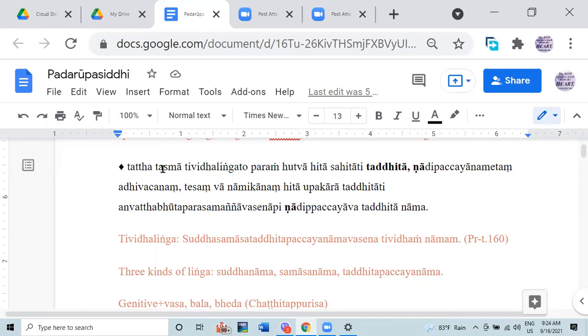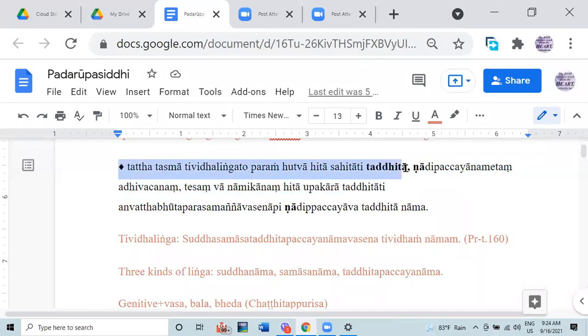After that, the three-fold linga or three-fold nouns, which I already explained over here. Tivida linga do Bran Hodawa Hida Hidadi Tadida.